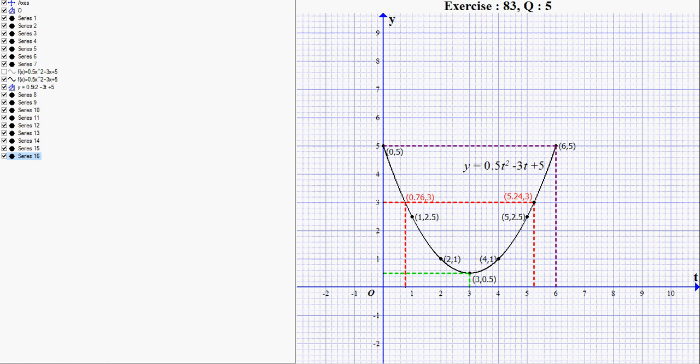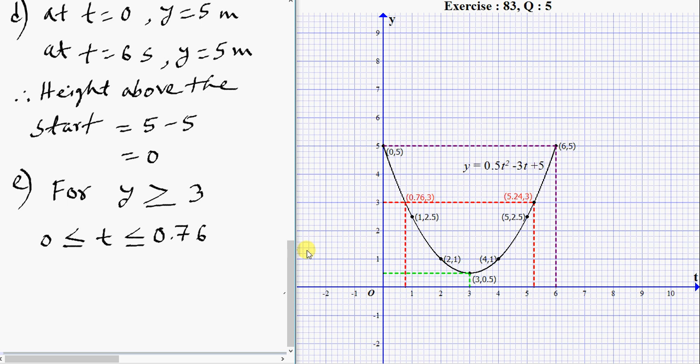So another range of t will be 5.24 less or equal to t less or equal to 6. So these are the required ranges of t where y will be at least 3 meter or more.